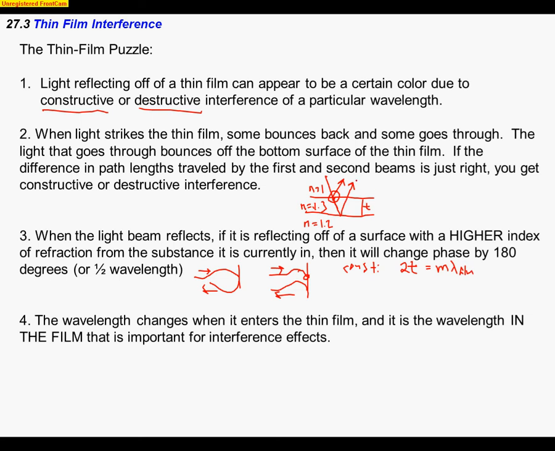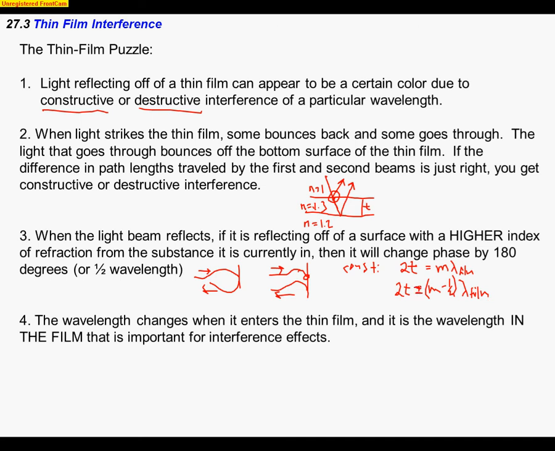However, if you have a phase change at one surface but not the other, then this shifts by a half. So then you have to change this to 2t equals (m minus 1/2) times the wavelength in the film. In other words, now they need to be off by exactly a half number of wavelengths. It should be an equals.